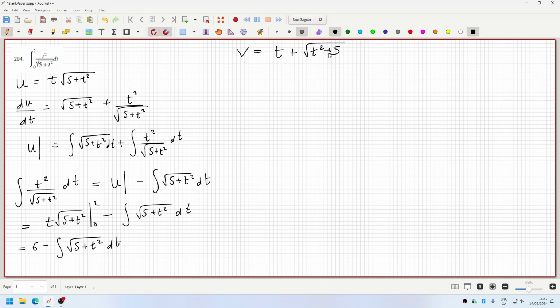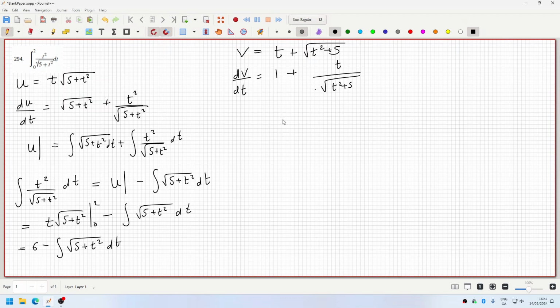Okay, now dv dt equals 1 plus, and then bring down the power, reduce the power by 1 and multiply by the inside derivative, so you'll get this.